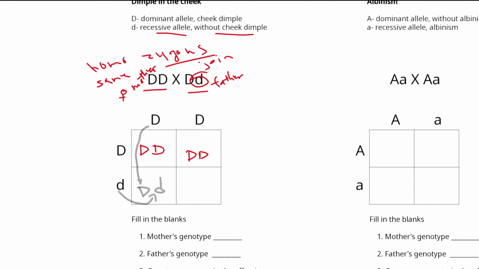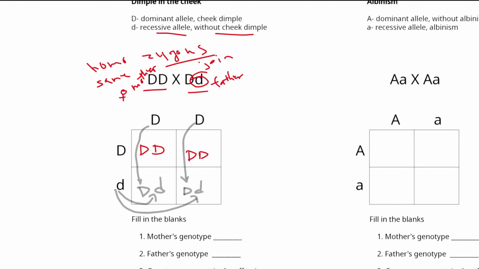At the bottom right, a capital D from the mother and a lowercase d from the father. So these individuals are heterozygous. Hetero means different, and again, zygous meaning to join together.